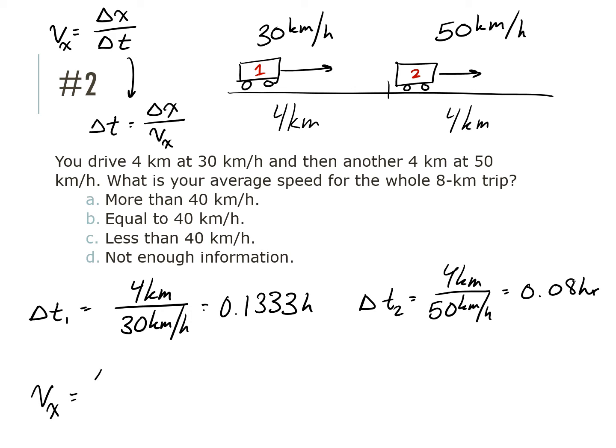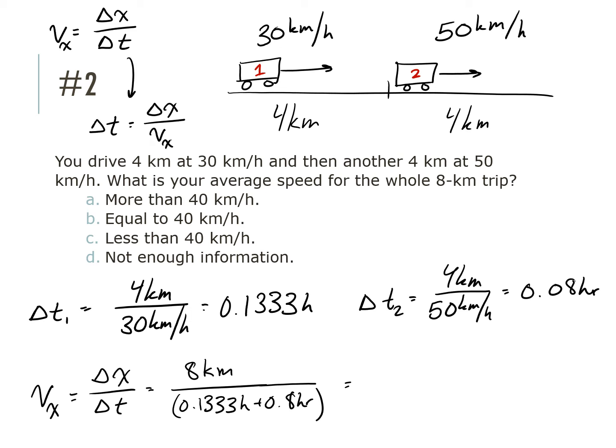So I'm going to have my displacement divided by my time: 4 kilometers plus 4 kilometers, so 8 kilometers, over 0.1333 hours plus 0.08 hours. If I plug this in, I end up getting 37.5059 kilometers per hour. Now, last I checked, 37 is less than 40, so the answer would be C.